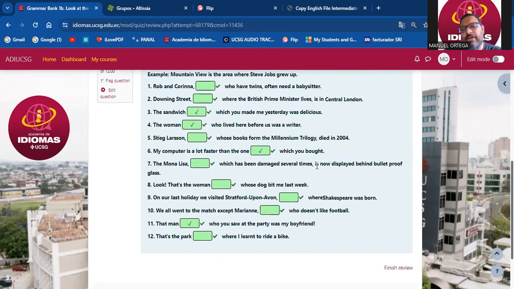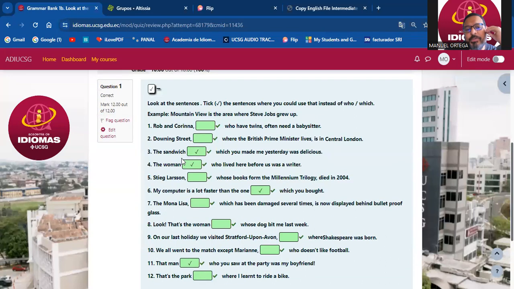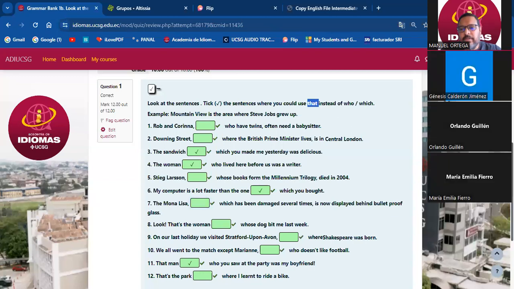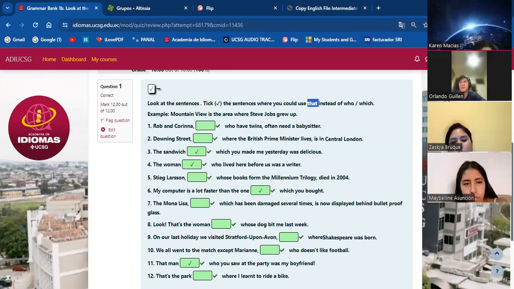Now, what do you see in common in the ones where I put the check: the sandwich, the woman, my computer, that man? Why did I put that instead of who or which? Why do you think that happens? The comma.